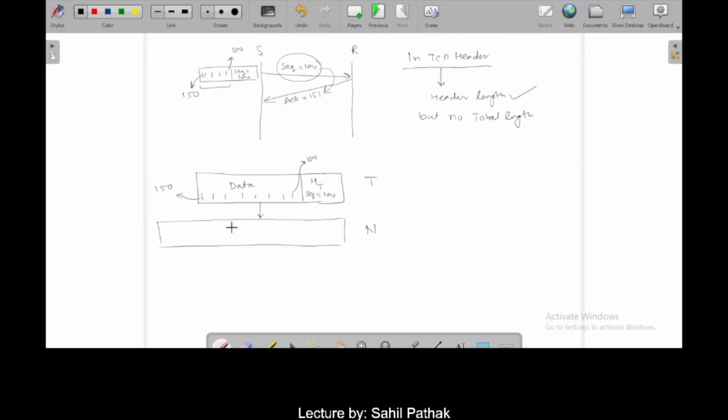What will the network layer do? It will add its own header along with it, that is the header of the network layer. And in the header of the network layer we have one field called header length, and another field called total length, or length of the packet. Okay, and the rest is just the payload it has received from the transport layer, that is the TCP header and data.